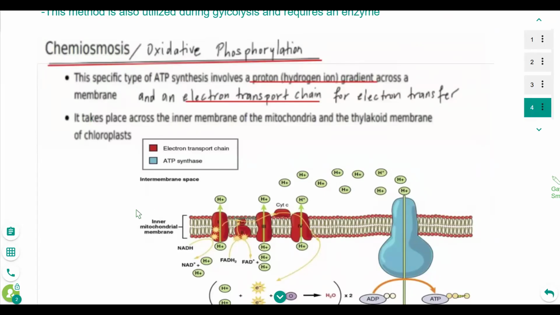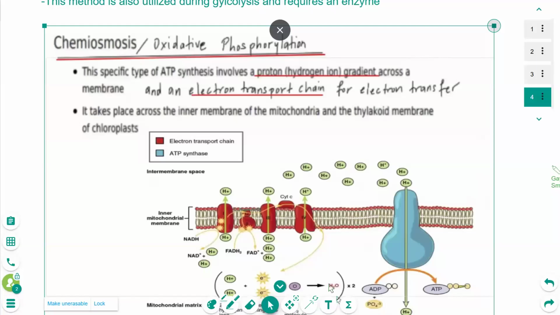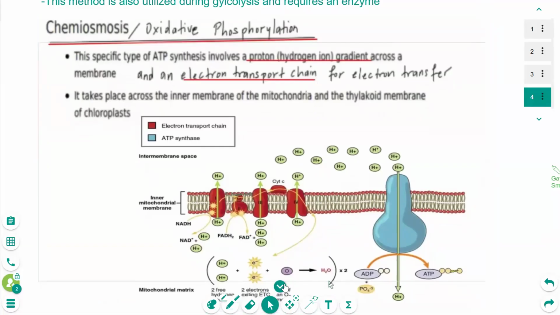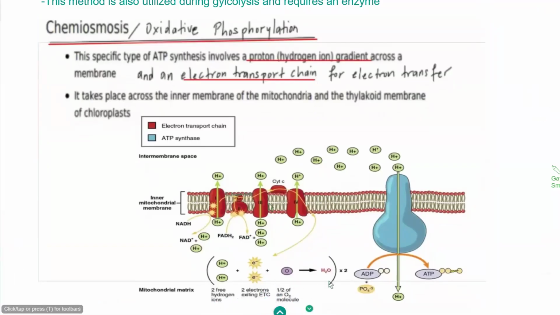It takes place across the inner membrane of the mitochondria, and it also took place on the thylakoid membranes of the chloroplast. So essentially what happens is that these in the membrane represent electron carriers. And when the carriers come there, electrons are passed along the electron transport chain, and energy is used to pump hydrogen ions from the mitochondrial matrix into the intermembrane space.